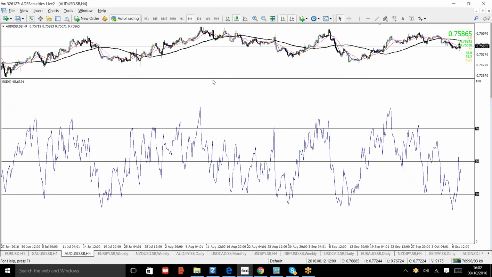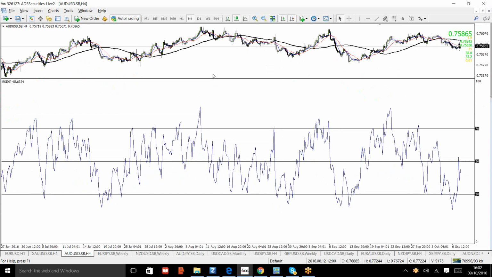Now, relative strength index tells you the strength of the trend, and that is what relative strength index means. Remember, guys, it gives you the strength of the trend, and that is significantly important. It doesn't give you overbought and oversold areas.